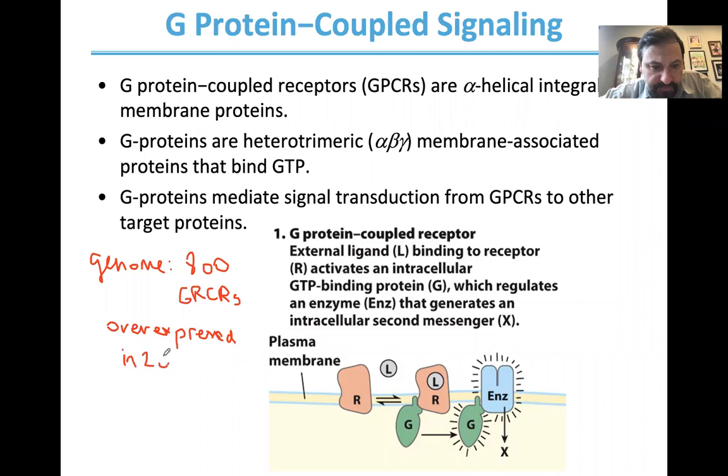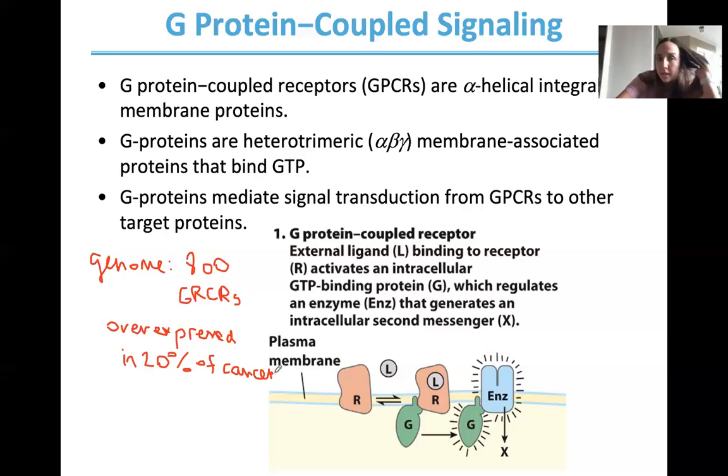Why do you think GPCRs are overexpressed in cancers? What benefit do cancers get by overexpressing GPCRs? More growth factors, so that's why they grow so fast. Yep, perfect. If one of the functions of GPCRs is to bind to growth factors, then cancers love that. They want these growth factors.